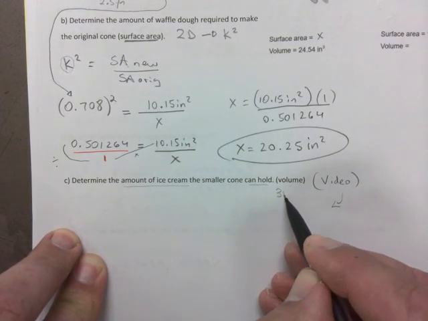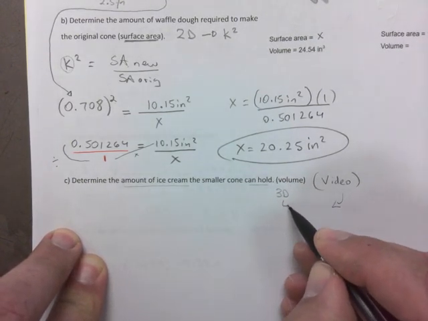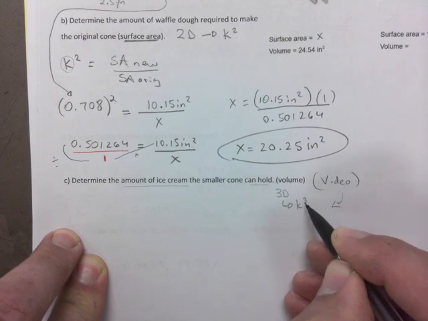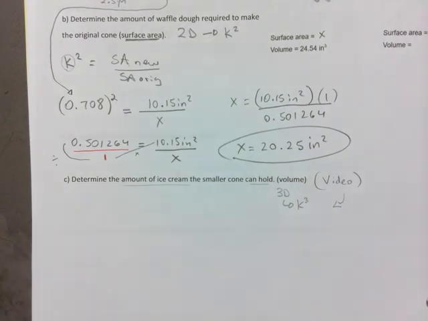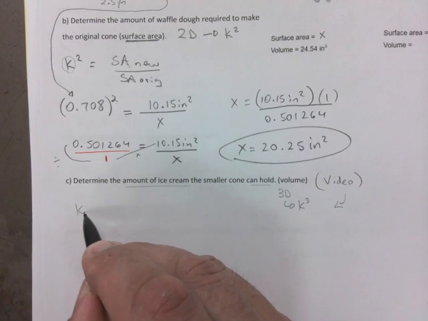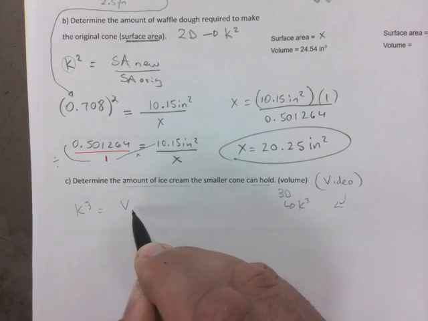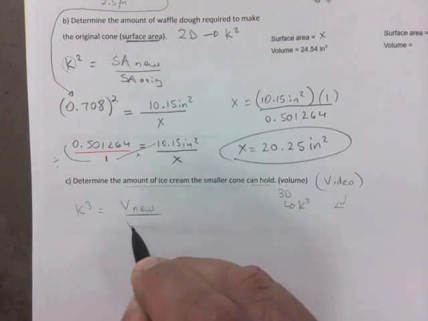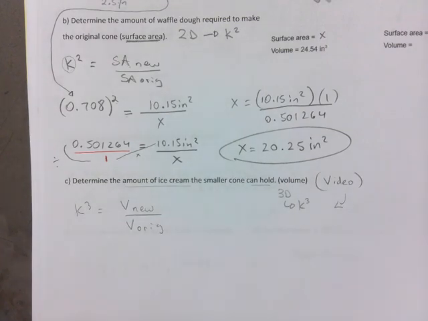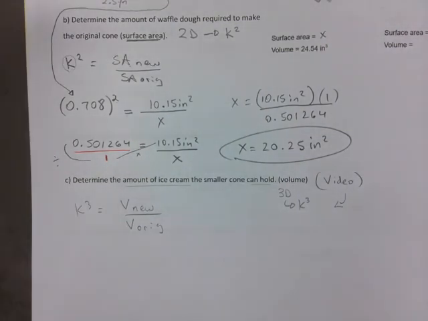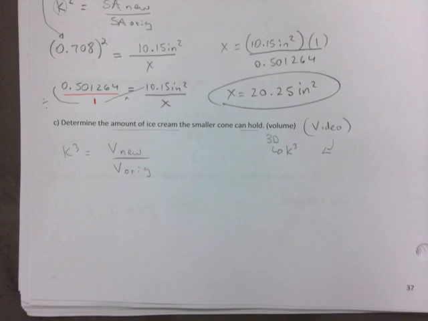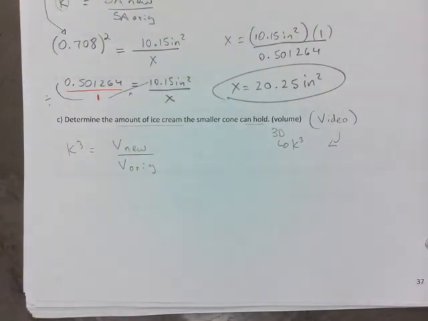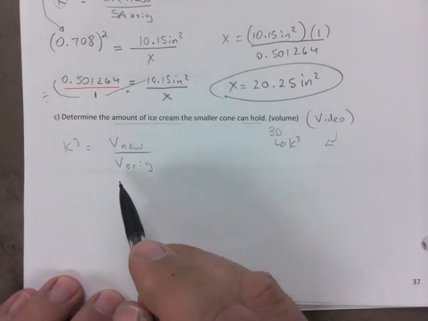Volume is 3D, which means you have to consider the k cubed formula. I might run out of time because of my next class, so I might end it here.